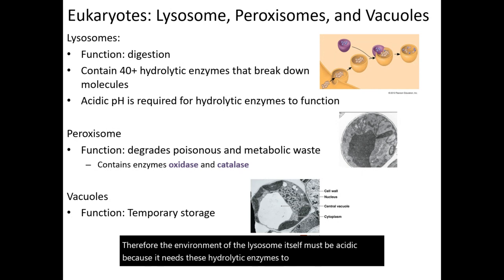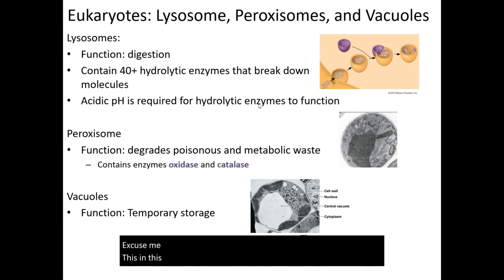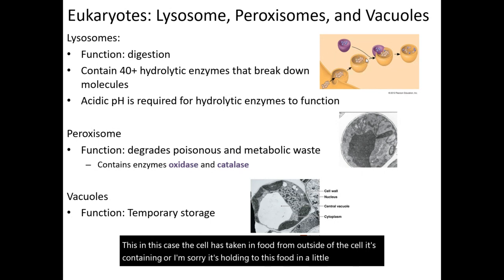So if you look at this top picture over here, you are going to notice that in this case, the cell has taken in food from outside of the cell. It's holding on to this food in a little vacuole. And the lysosome is coming in here.